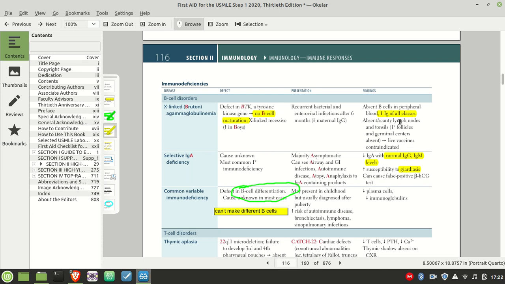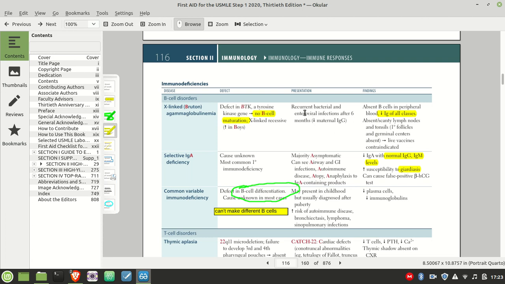IgM is going to be low, IgG is going to be low, IgA is going to be low, IgE is going to be low, B cell count is going to be low, T cell count is going to be fine. Why? Because this is a B cell problem. This is a problem with B cell maturation, meaning your B cells can't become real B cells, so it's just going to have a low count.